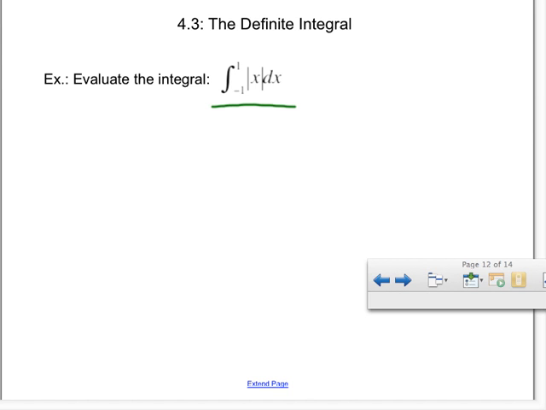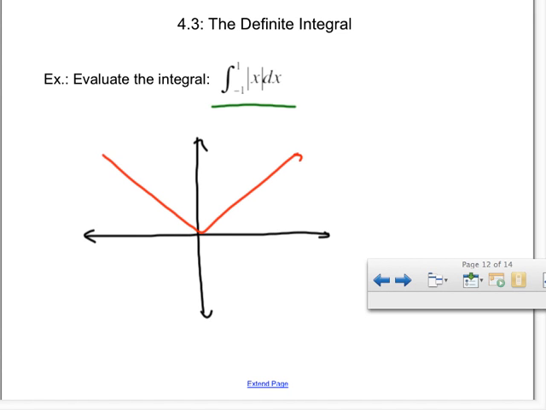Can someone tell me what the graph of this function will look like? It's going to be a V. Will this V be moved left or right at all? Will it be moved up or down at all? Will it be flipped at all? All right, so let's just draw in a V. Okay, there we go.